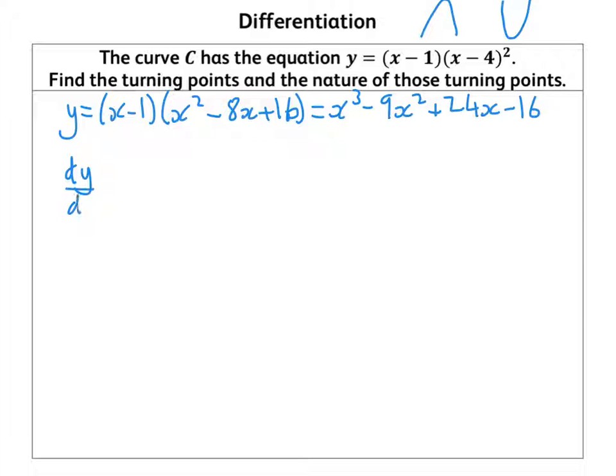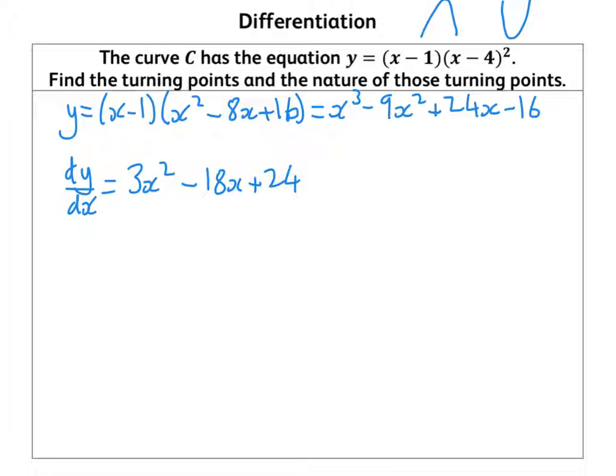So I'm going to find dy/dx, and when I differentiate x cubed I get 3x squared, differentiate minus 9x squared I get minus 18x, differentiate plus 24x I get plus 24, and differentiate minus 16, nothing occurs.